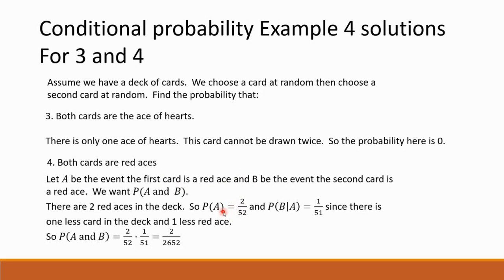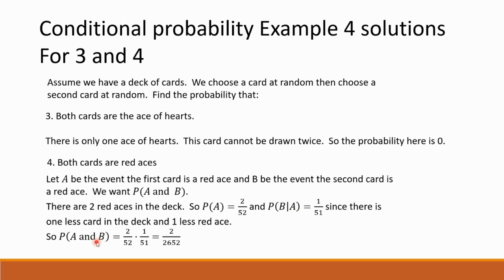We want the probability of B given A, assuming A occurred. Well, there's only one red ace left, since there are only 2 red aces in the deck, the ace of hearts and the ace of diamonds. So the probability of B given A is 1 out of 51.